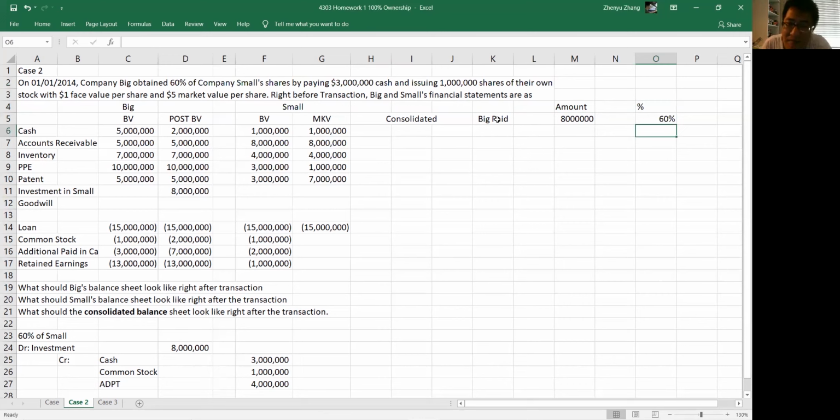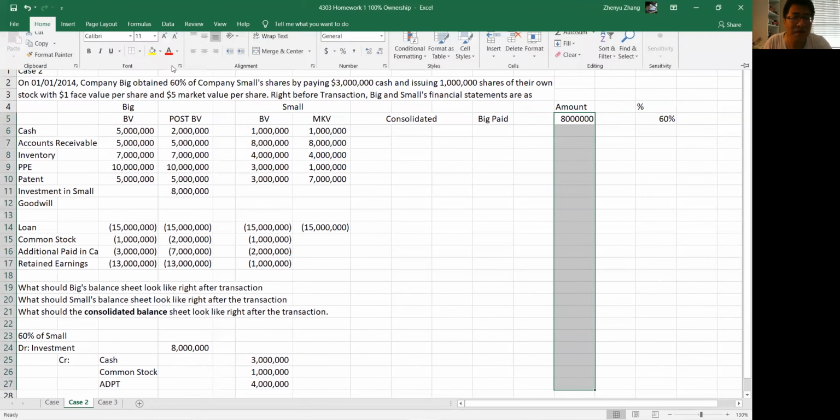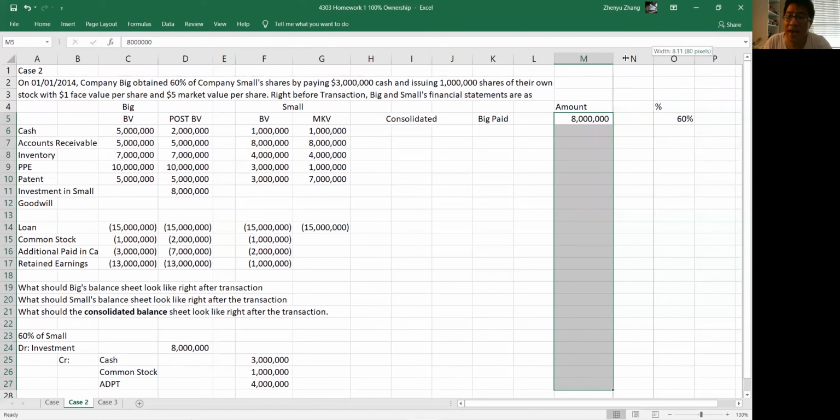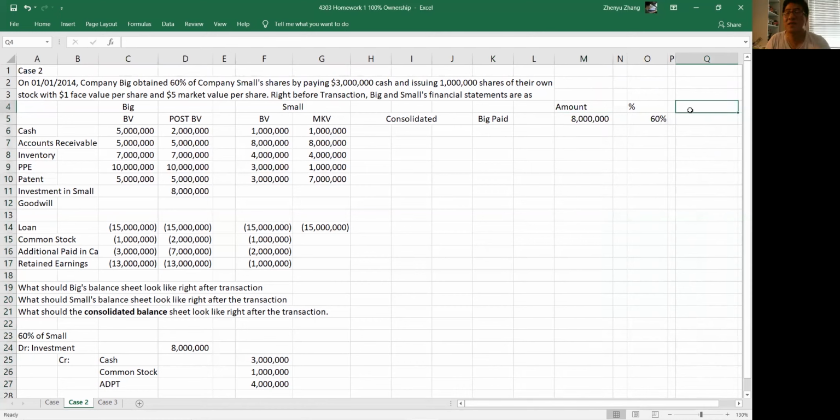What does it tell you? Big paid 8 million for 60% of something. Is my understanding correct? So if you are willing to pay 8 million for 60% of something, then what is the total value of that thing from your perspective?